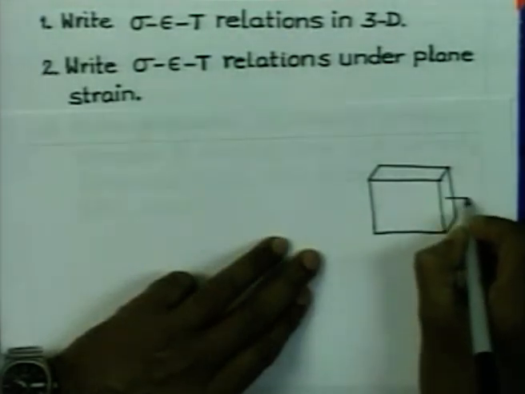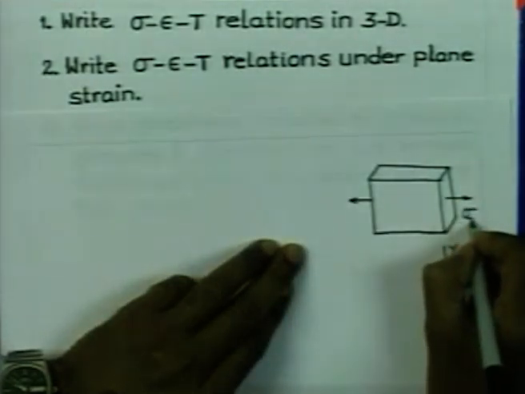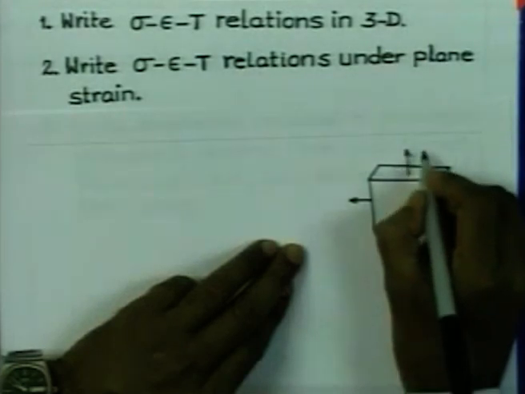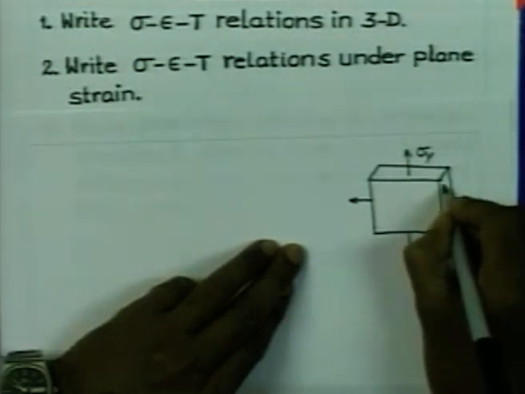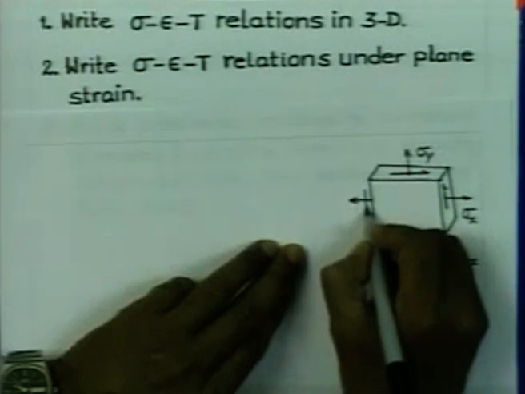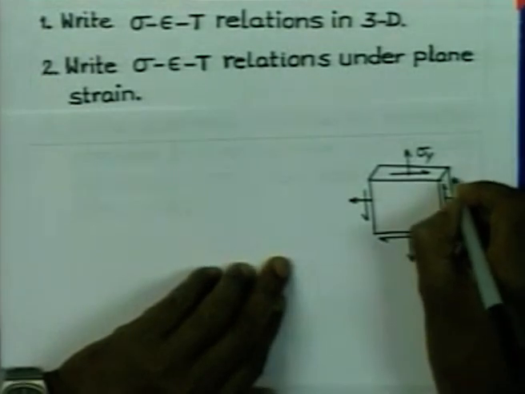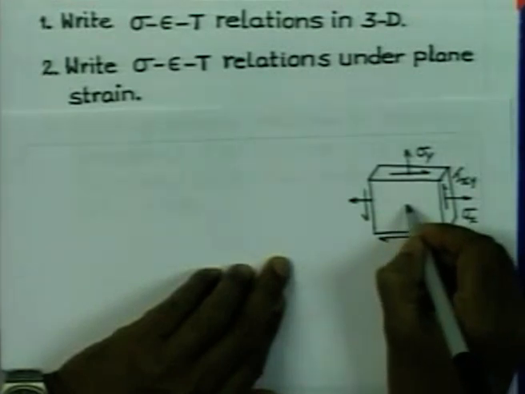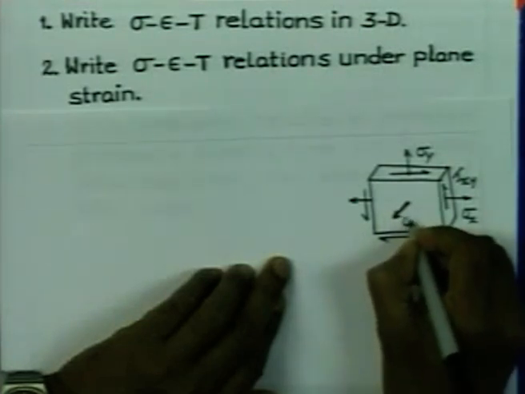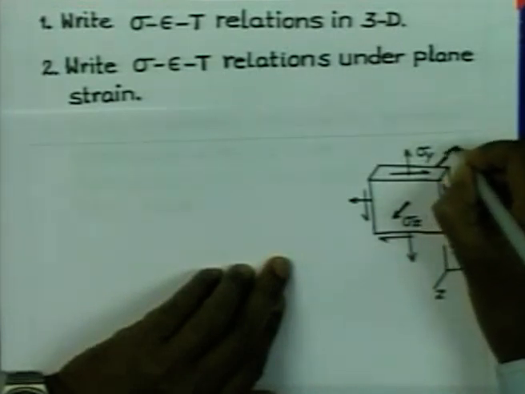You have the stresses acting in the x direction, sigma x, sigma y acting in the y direction, then you have in-plane shear stresses, which we simply represent by tau xy, and at the same time we have some stress acting in the z direction. So, we have sigma z stress also acting on the body.